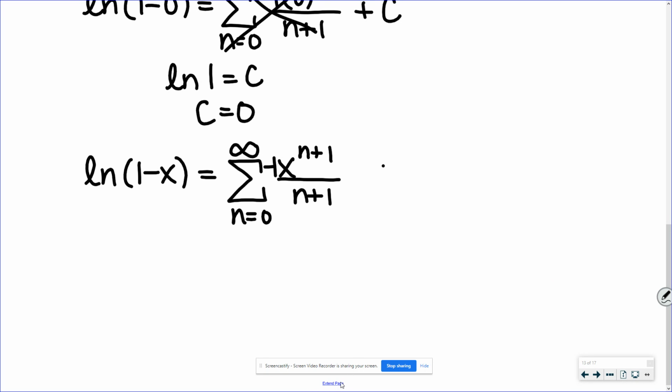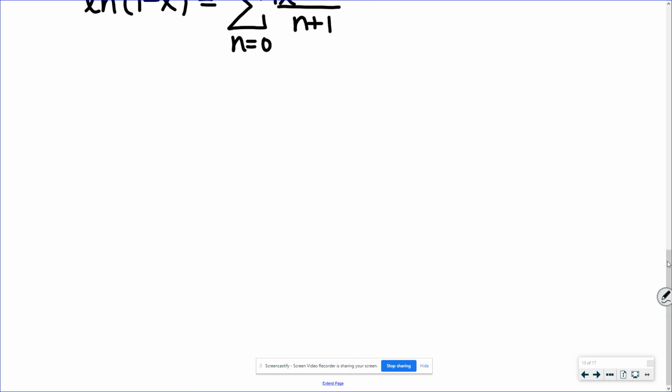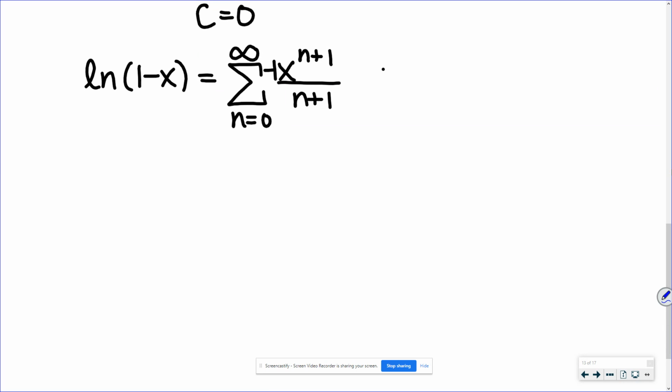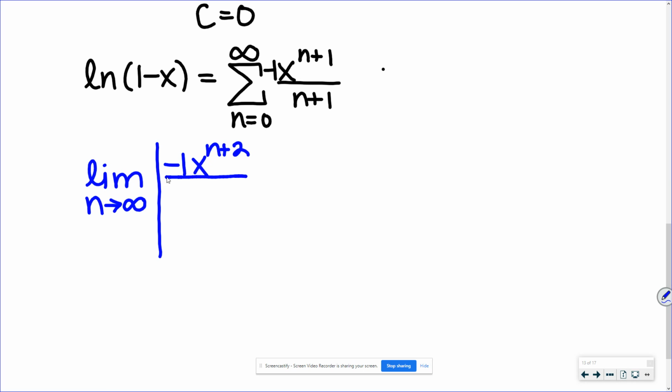It did also say find the radius of convergence. So you have to do the ratio test to find the radius of convergence. Remember, if you're just finding the radius of convergence, you do not have to test the endpoints, because the radius doesn't really matter whether the endpoints are included or not.